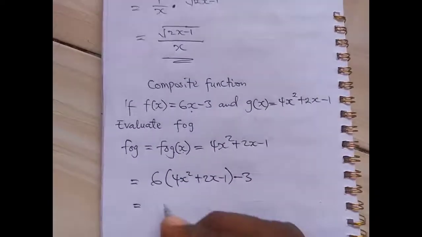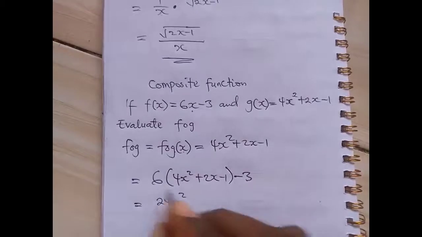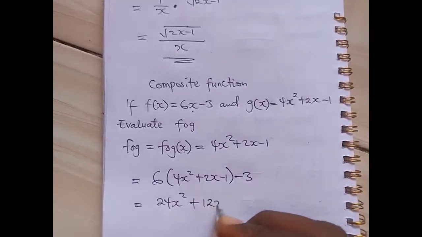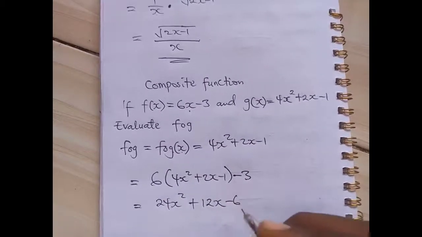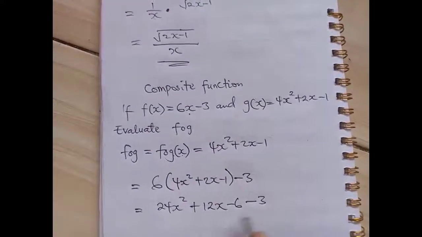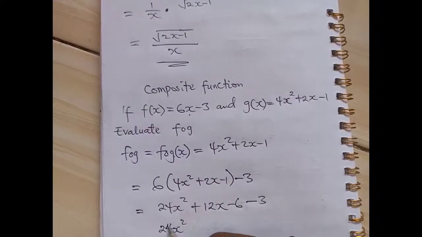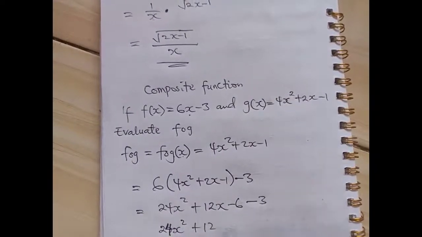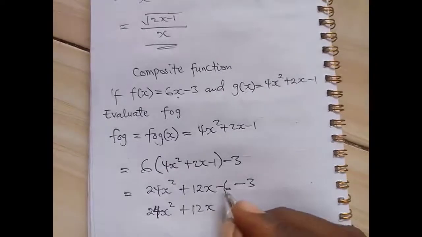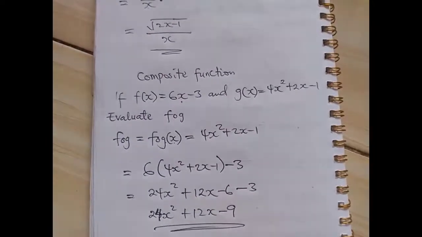Opening the bracket, this into this, 24x squared, this into this, plus 12x, this into this, minus 6, then minus 3. We can resolve this: 24x squared plus 12x minus 6 minus 3 is minus 9. So this is the answer.